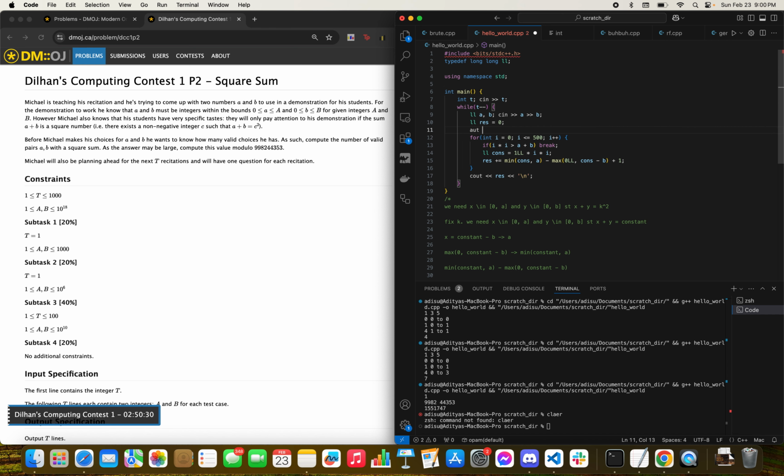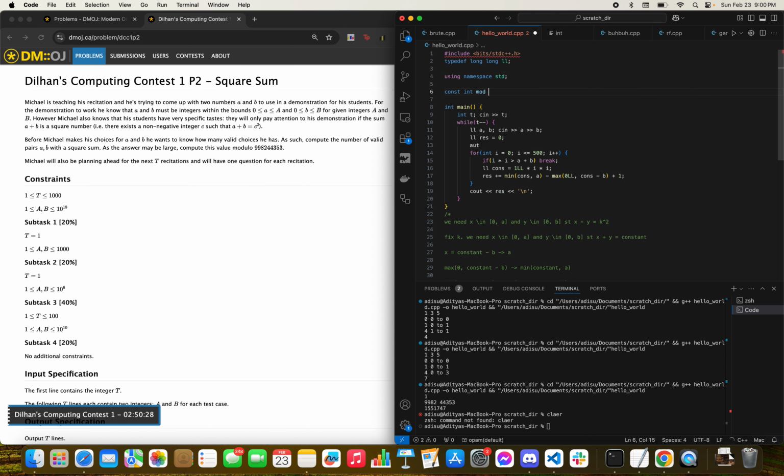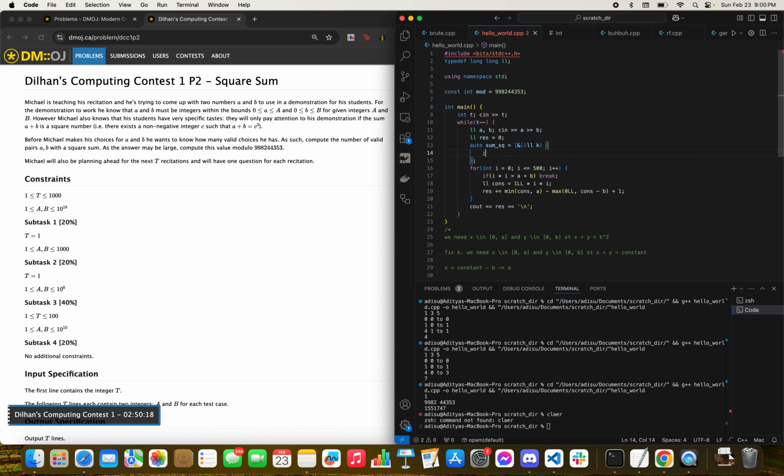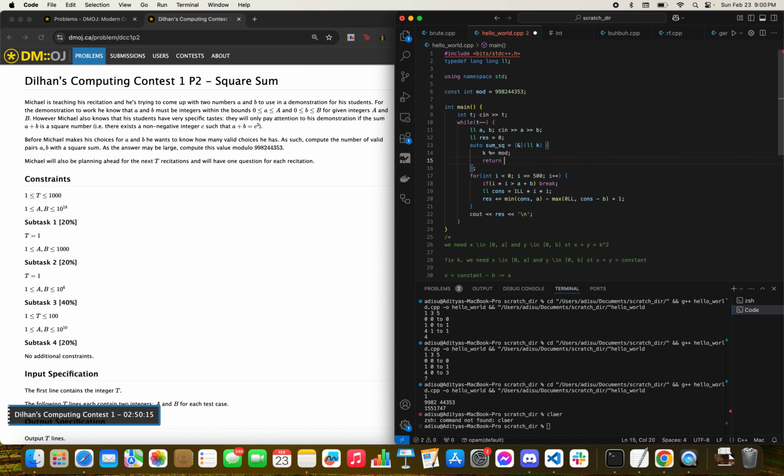Alright, so there's a mod here, that's funny. Auto sum sq, in LL k. k mod equals mod, return mod. Do I really have to compute the inverse of this mod 6, or the inverse of 6 mod this? Man, that's annoying. I guess I can do the inverse of 2 and 3. That would work.